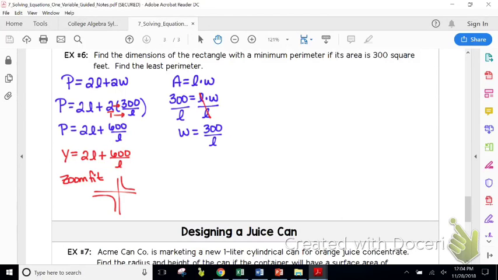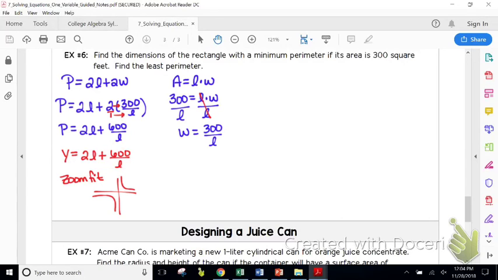Can we have positive and negative length? No. So I don't need any negative X values, do I? So go to your window and put your X minimums at 0.